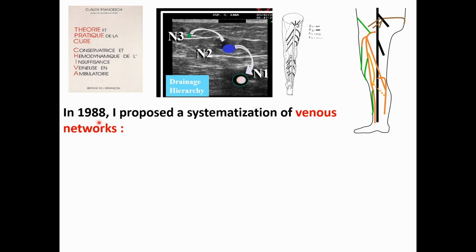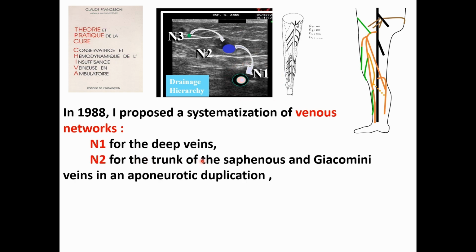In 1988, I proposed a systematization of the venous networks, N1, N2, N3. N1 for the deep veins, N2 for the trunk of the saphenous and Giacomini veins in an aponeurotic duplication, here, aponeurotic duplication. N3 for the supra-aponeurotic veins, and N3 here, supra-aponeurotic.